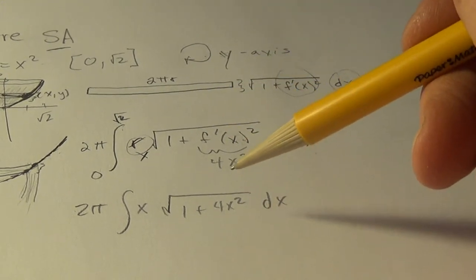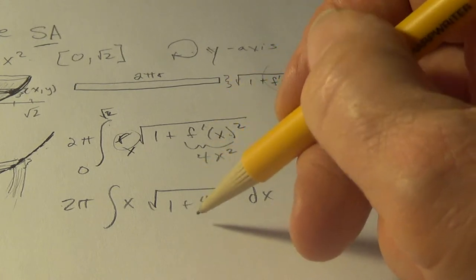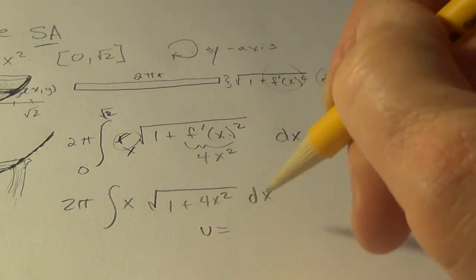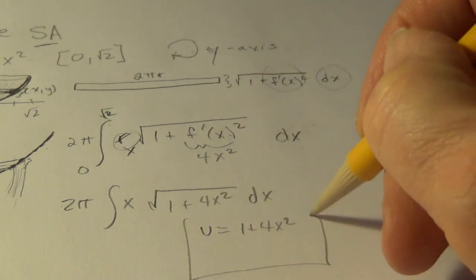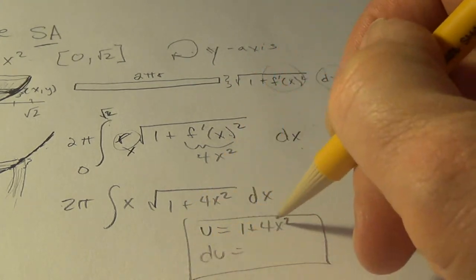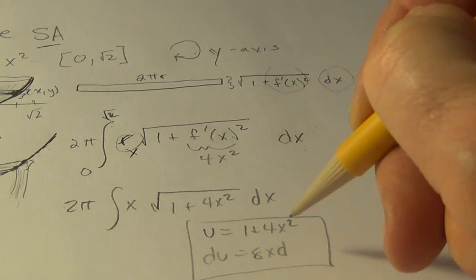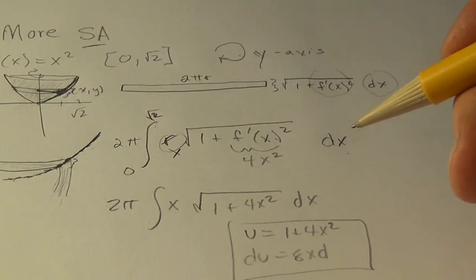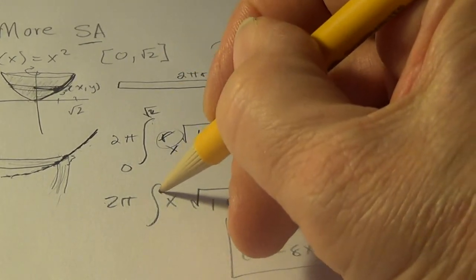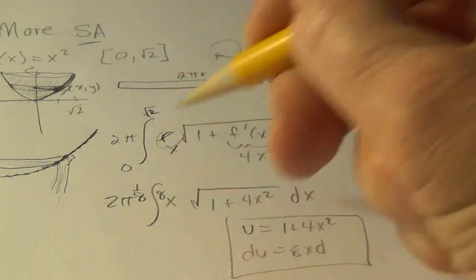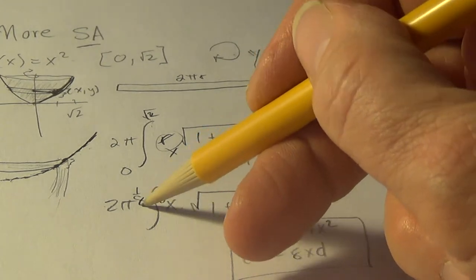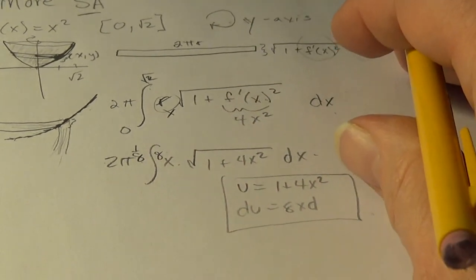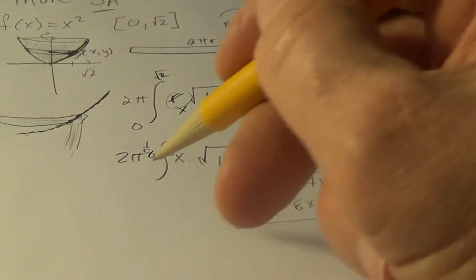All right, let's go ahead and calculate this. I'll get you to a point where we go u equals 1 plus 4x squared. du equals 8x dx. So I need an 8 in my problem. I stick in an 8 in here, and a 1/8 out here. So 2 pi over 8 becomes pi over 4.